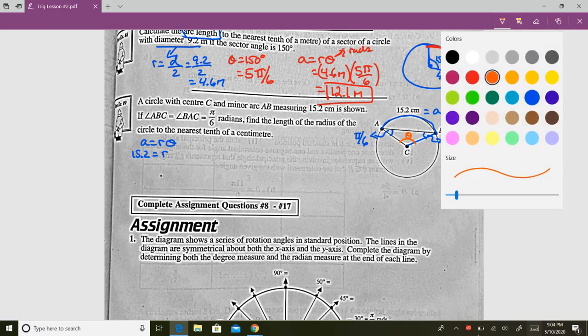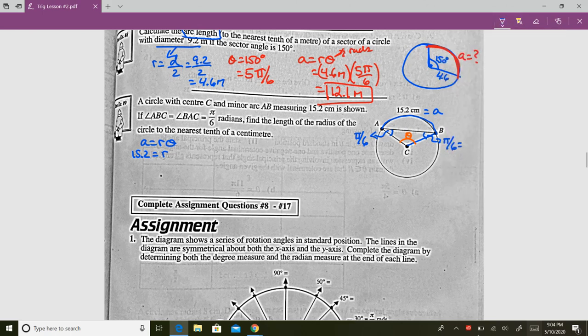What's pi over 6 in degrees? It's 180 divided by 6. It's 30 degrees. What do all the angles in a triangle add up to? 180. So if I go 180 minus 30, that'll give me angle C, which is 120 degrees.